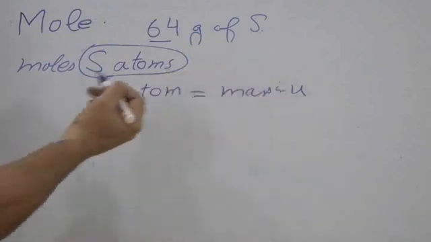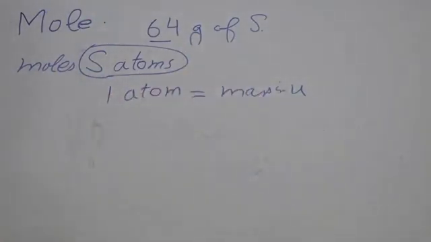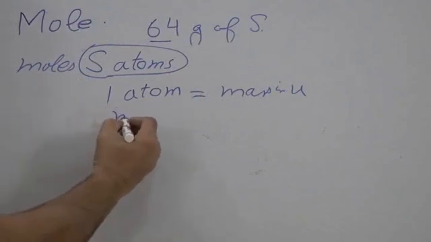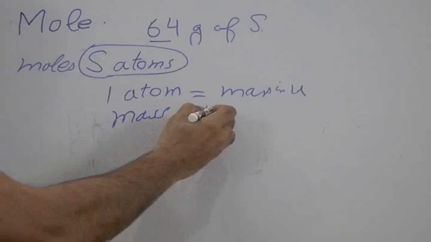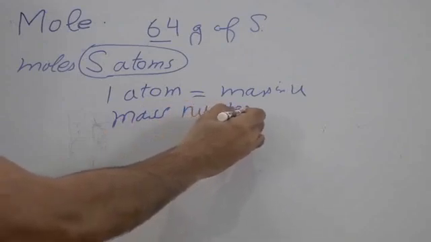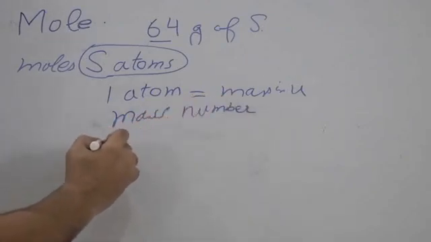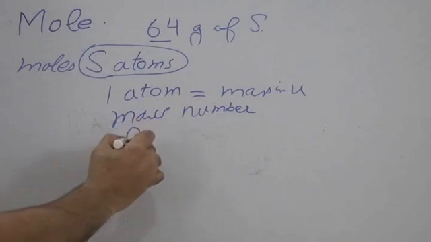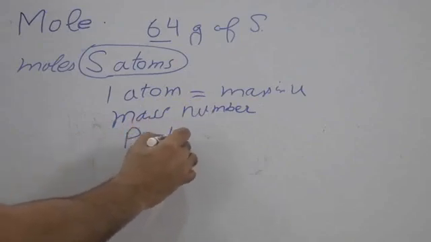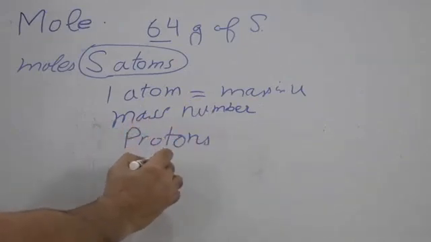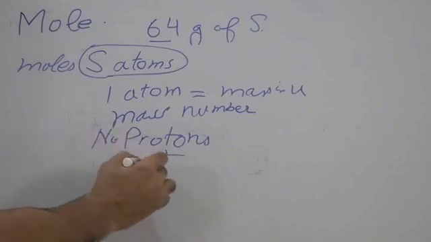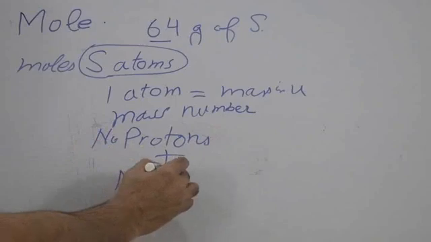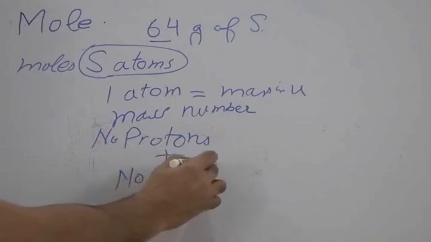Mass in u is almost equal to the mass number, almost. What is mass number? That is the number of protons plus the number of neutrons.